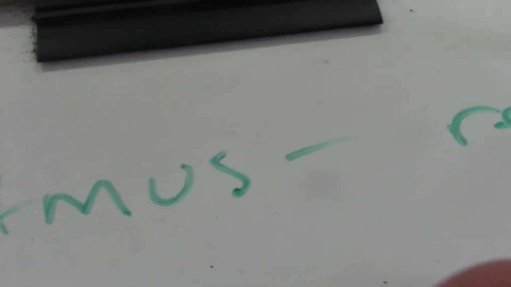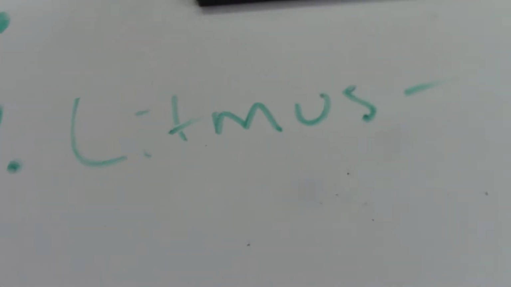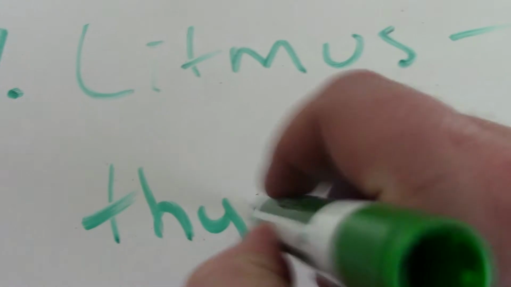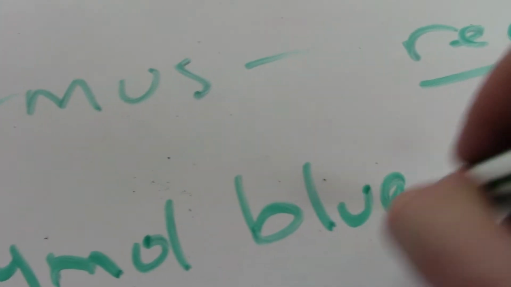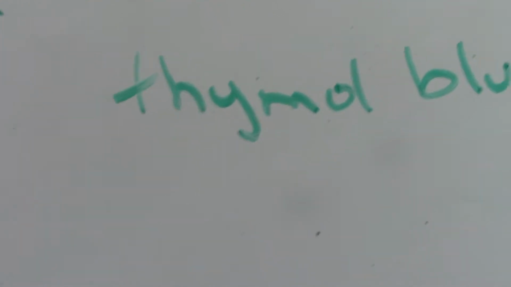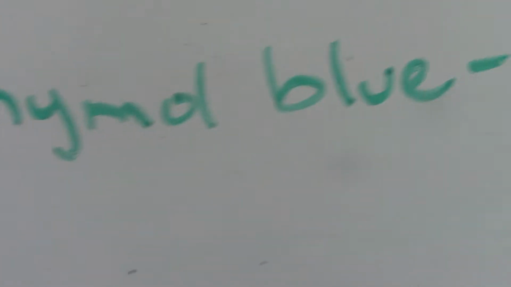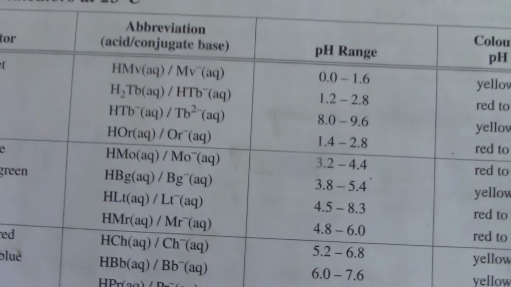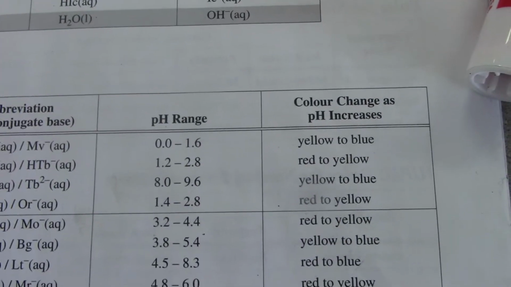We should already know that this is an acid because acids turn litmus paper red. But let's go through the rest of it. Thymol blue is orange. Okay, so here's what we have for thymol blue.